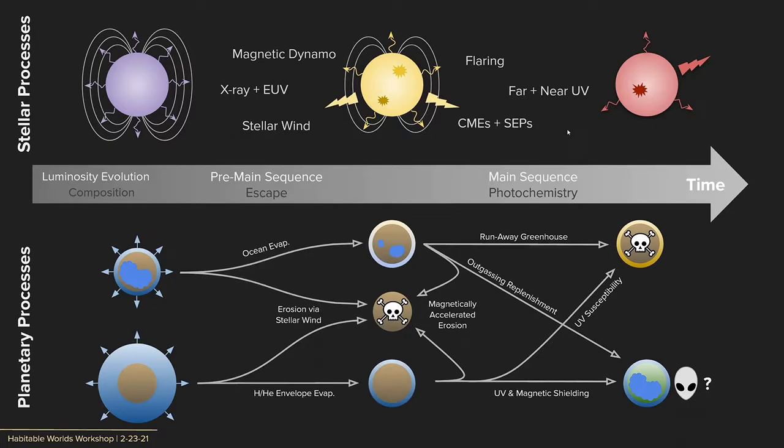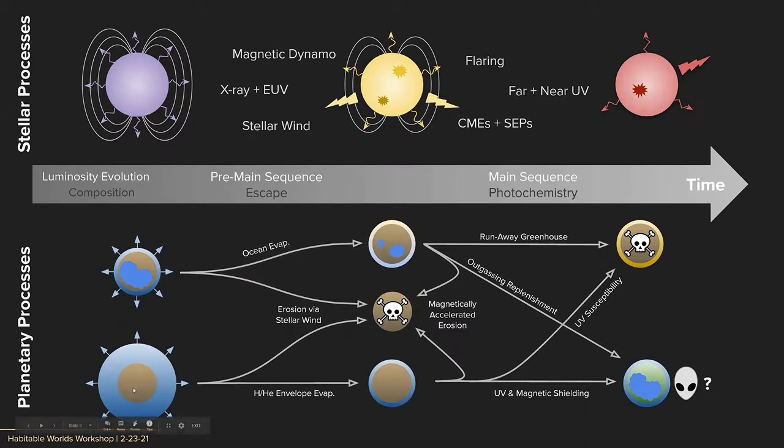The stellar processes that are part of that would be flaring, as well as coronal mass ejections and solar energetic particles, as well as far UV radiation. All of these things control, but not necessarily control, but impact the chemistry of the atmosphere of any resident exoplanets.